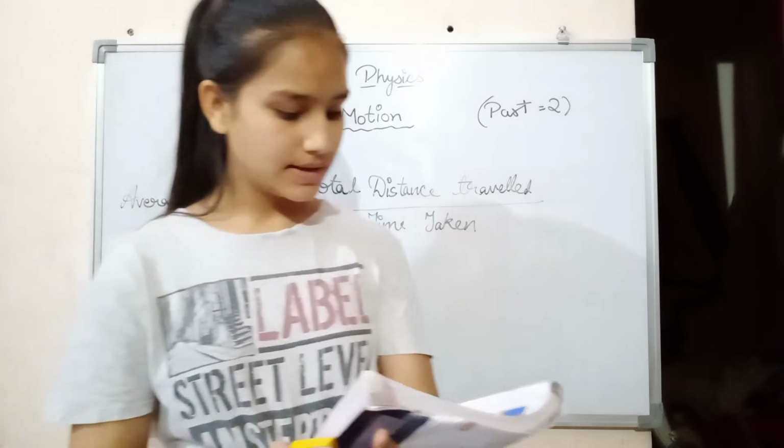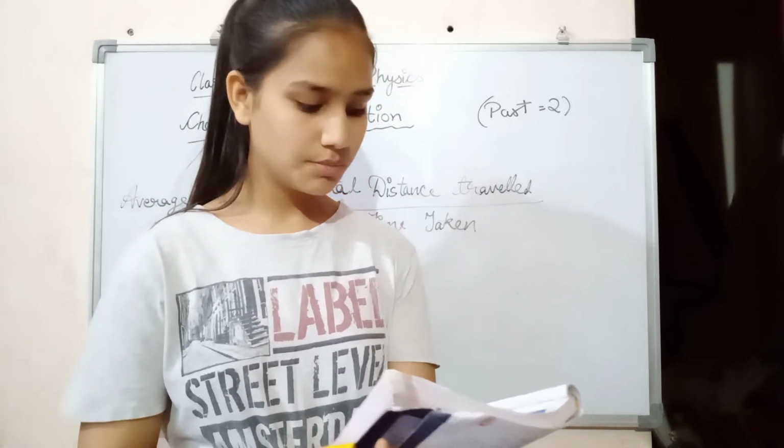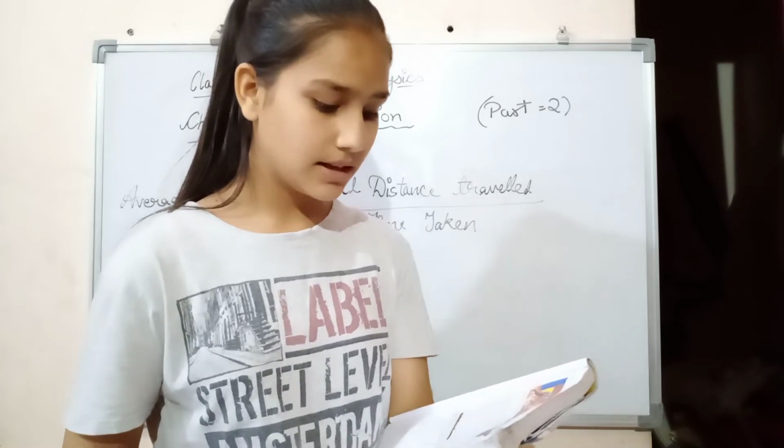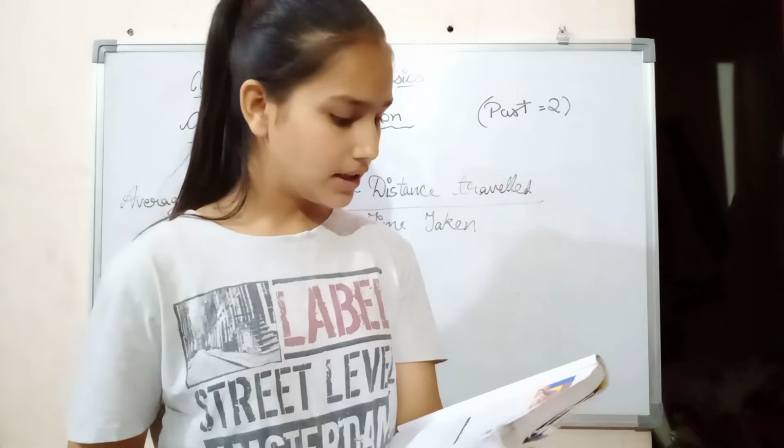Now we are going to discuss what is uniform speed or constant speed. A body has a uniform speed if it travels equal distances in equal intervals of time, no matter how small these time intervals may be.